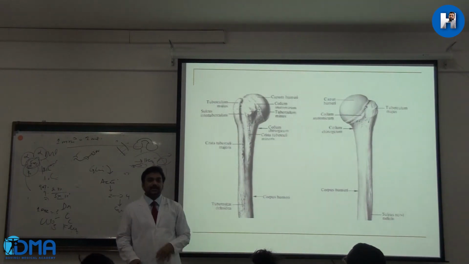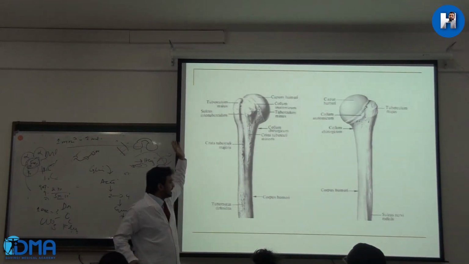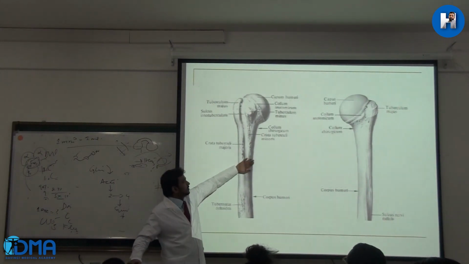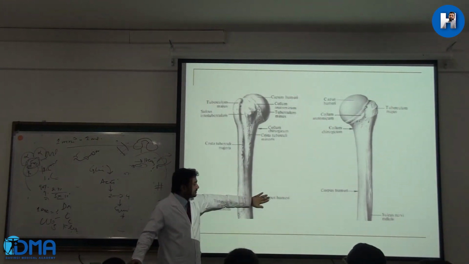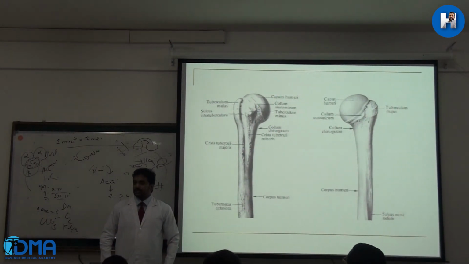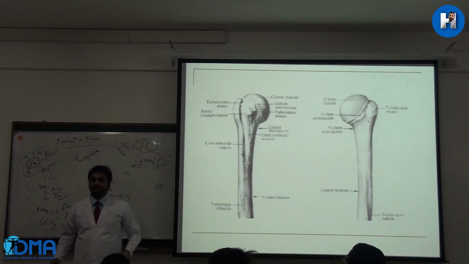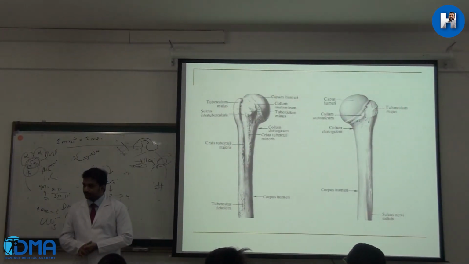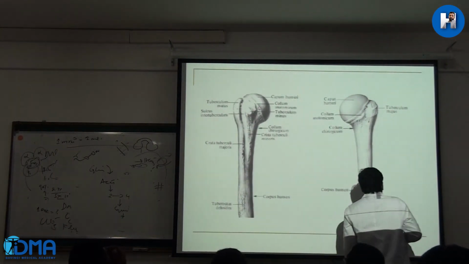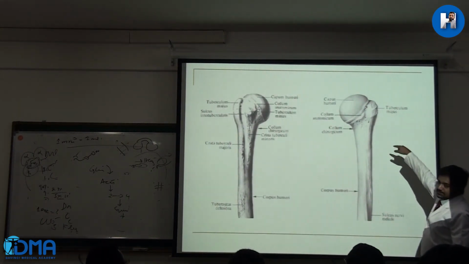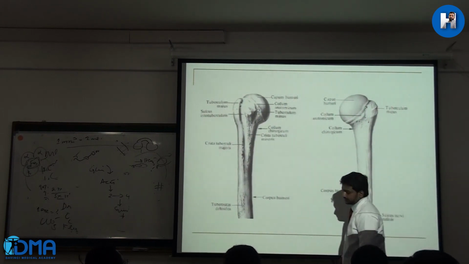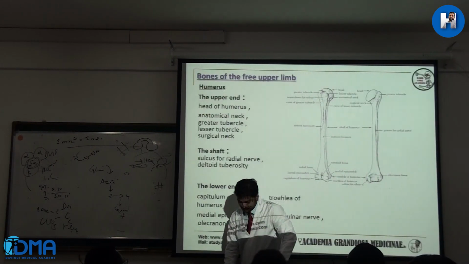Understood? So as we have seen earlier, like the femur, here also there will be three margins and three surfaces. It is not that very important, but they will also be having what? Similarly, this is called the shaft, or we call it the body, and as compared to our femur, here there will be three lines and three surfaces. Clear? You can see from the other side, from the posterior side, and I will explain only one thing, the sulcus for the radial nerve, after explaining the next part.